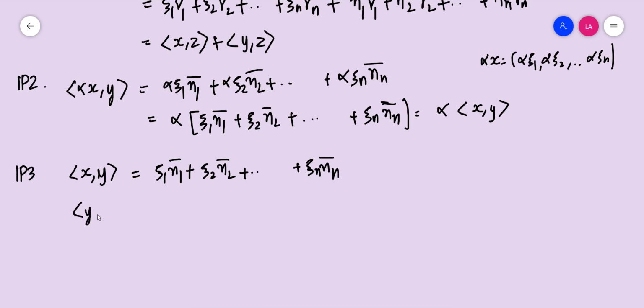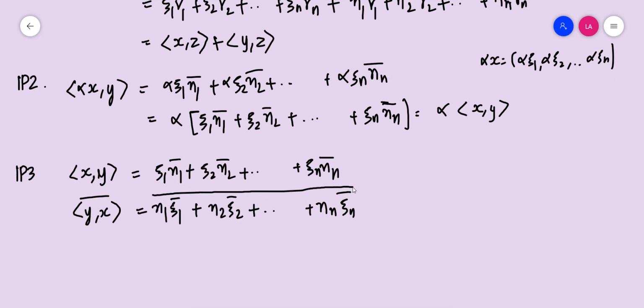Now the inner product <y, x> conjugate should be equal to the conjugate of (eta 1 theta 1 conjugate, because we change the order, plus eta 2 theta 2 conjugate plus etc. eta n theta n conjugate). And these are sums of complex numbers. The conjugate of a sum of complex numbers is actually the sum of the conjugates.